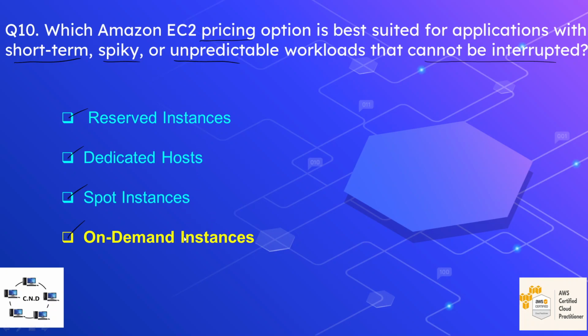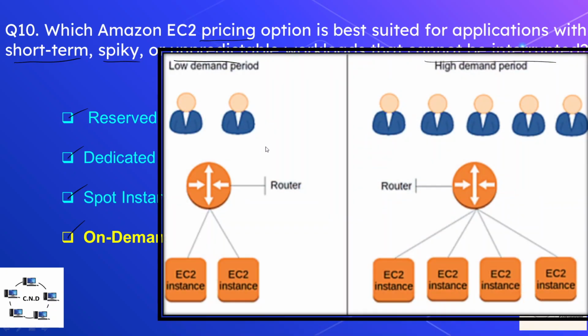With on-demand instances, when the traffic increases, the compute resources will also increase, and when the traffic workload decreases, the EC2 instances will also be decreased and released. This is again the visual of this. When you have lower demand, you will require fewer on-demand instances, and when the demand is high, the compute capacity will also be high as per the demand.